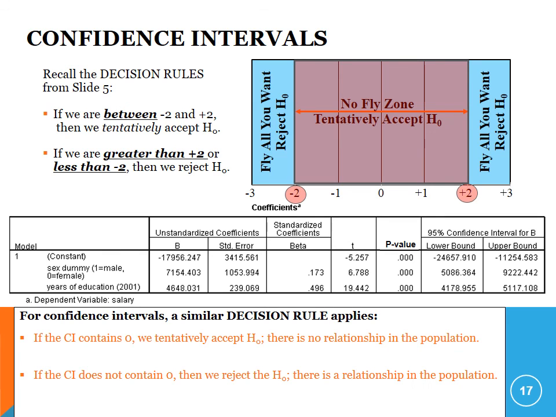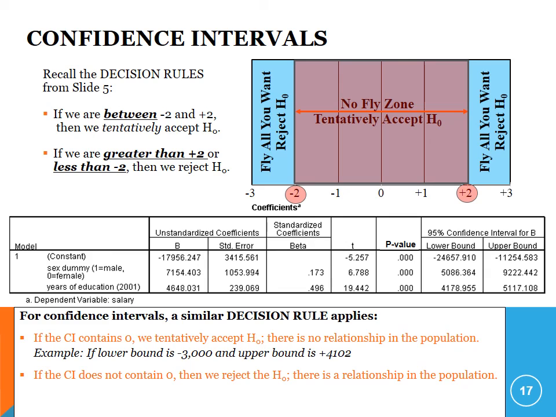So if the confidence interval contains 0, then let's go right back to what we were talking about with the no-fly zone. If it contains 0, then we tentatively accept the null hypothesis. There is no relationship in the population.